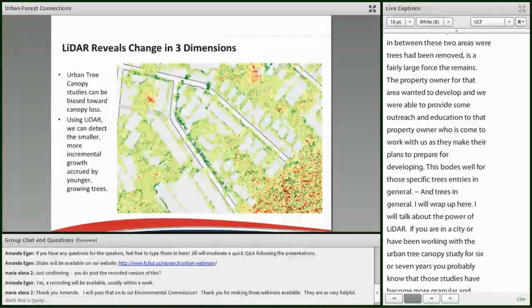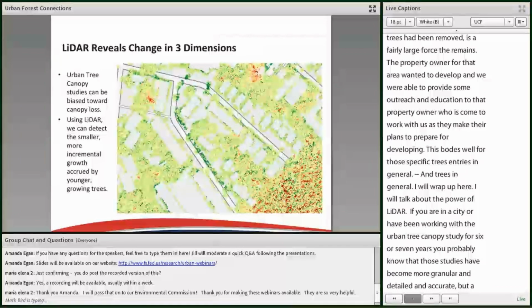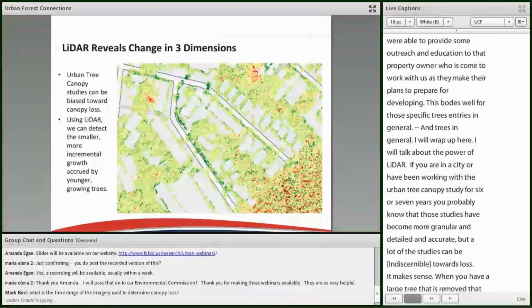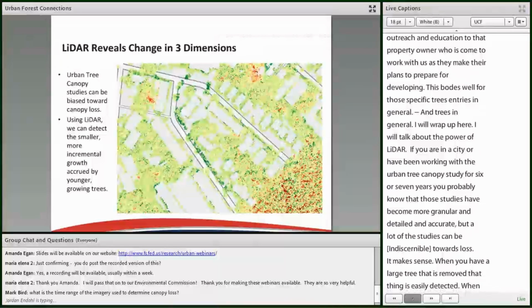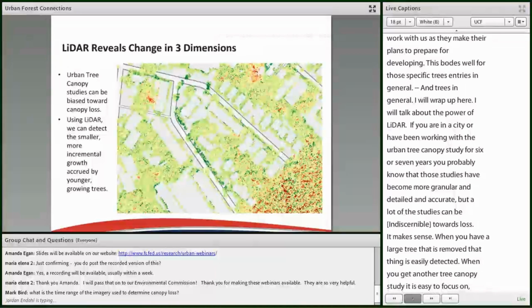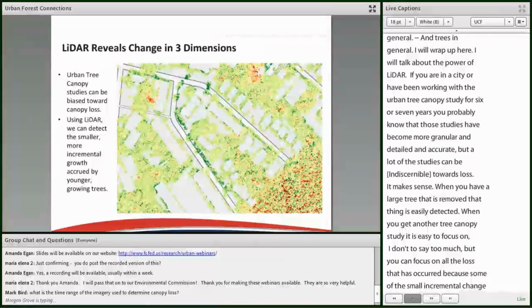But a lot of these studies can be biased towards loss, which makes sense because when you have a large tree that's removed, that sort of thing is easily detected. So when you get an urban tree canopy study, it's easy to really focus on all the loss that occurs because some of the very small incremental change that's taking place and accruing on smaller, rapidly growing trees can go unnoticed.